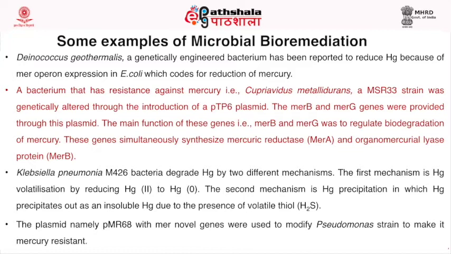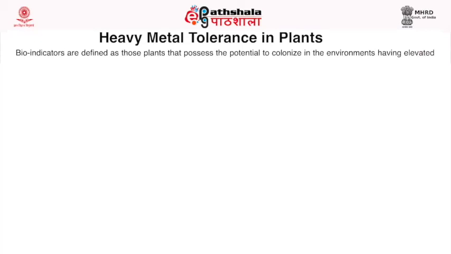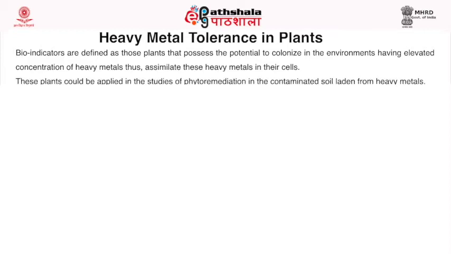Then heavy metal tolerance in plants is another approach that can be used. Bioindicators are defined as those plants that possess the potential to colonize in the environment having elevated concentrations of heavy metals, thus assimilating these heavy metals in their cells.